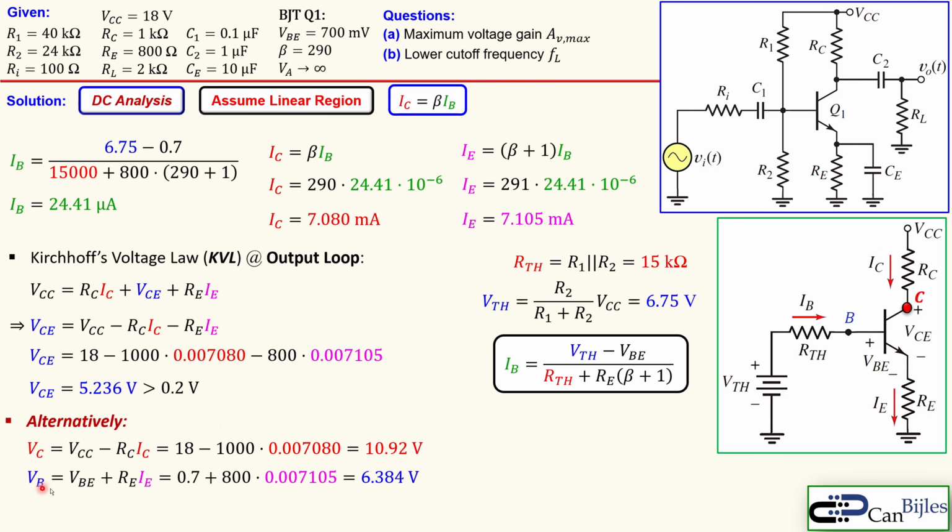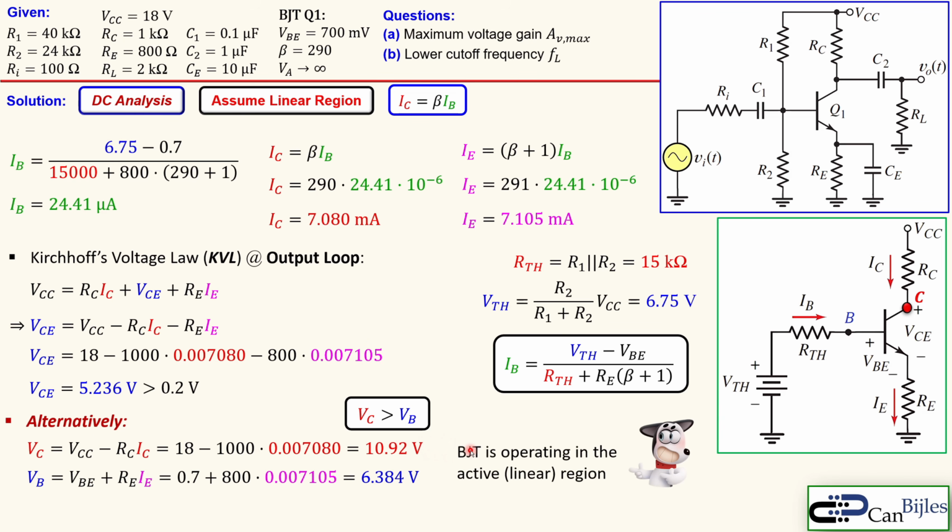The voltage at node B is VBE plus the voltage across RE, so 0.7 plus 800 times the emitter current, which results in 6.384. So this is indeed true: the collector voltage is larger than the base voltage. We come to the point that the BJT is operating in the active or linear region, so our assumption is correct.